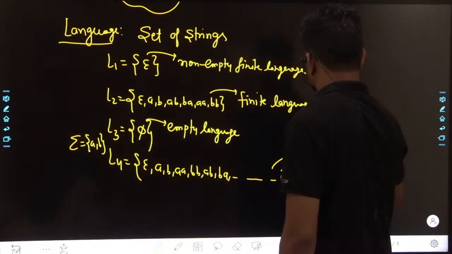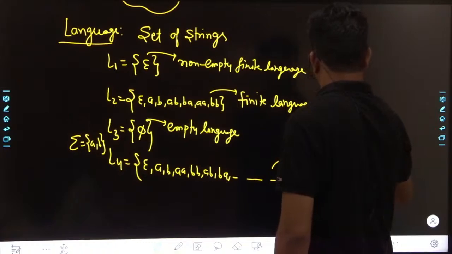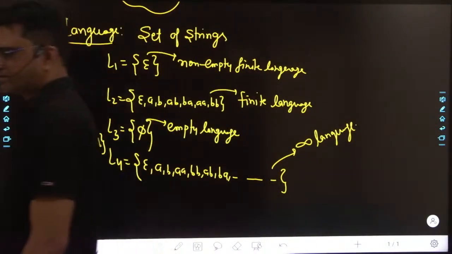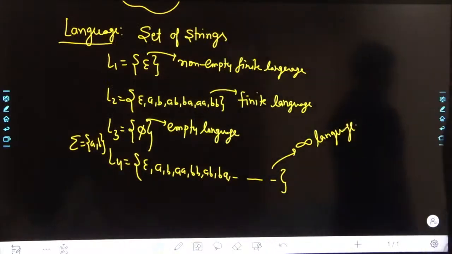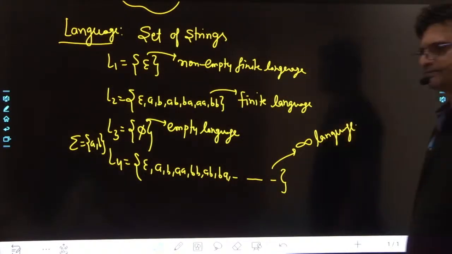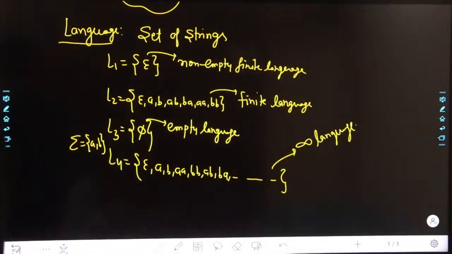So these are the basic concepts or basic terminology that we will use in further lectures. Everything is clear to you? Yes? Clear?